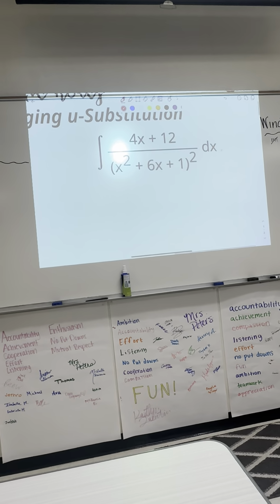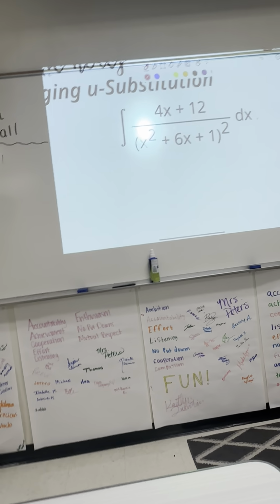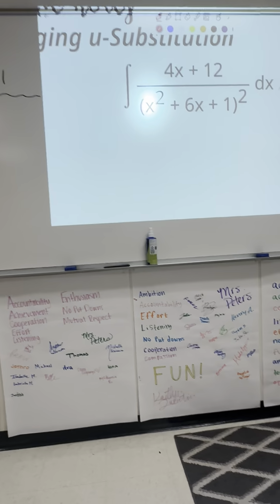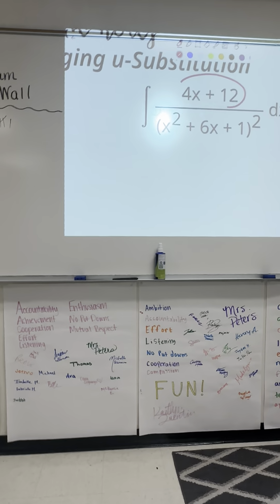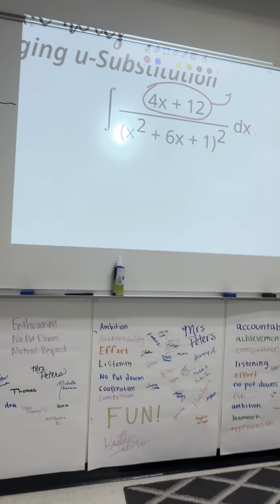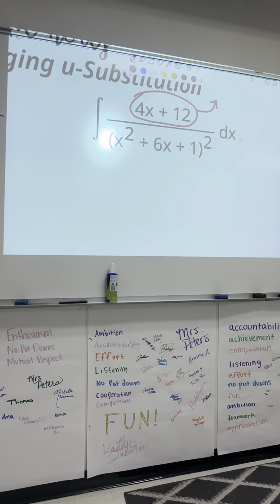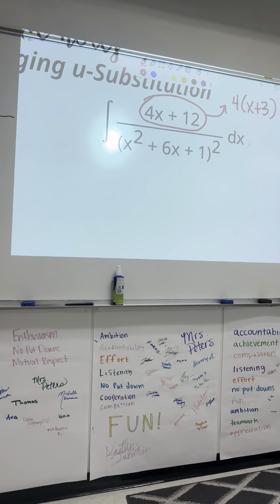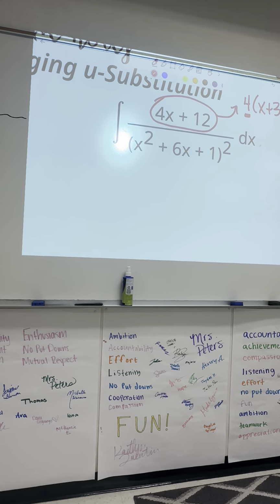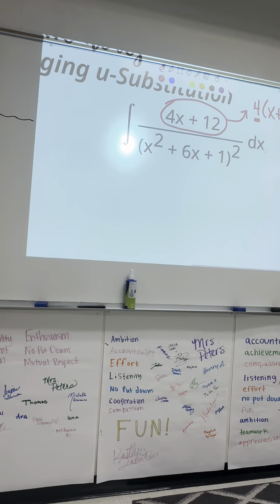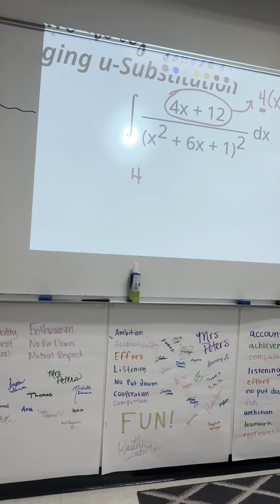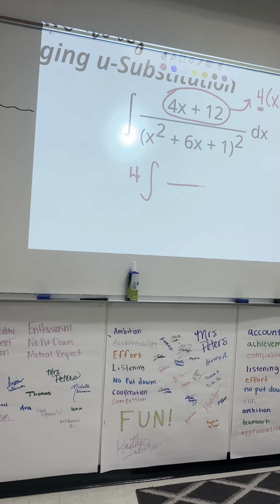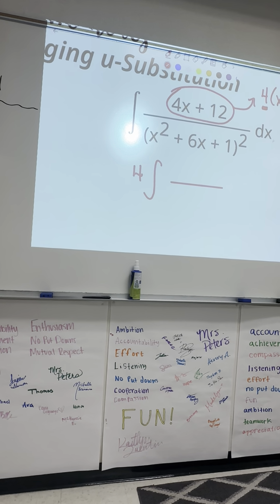Now, real quick, I want you to notice something before you get started, because this is going to be useful. What can I factor out of that? 4. Okay. And if I have a coefficient, I can just move that to the front, right? So I could rewrite this whole thing like this, which I think will help you solve it.